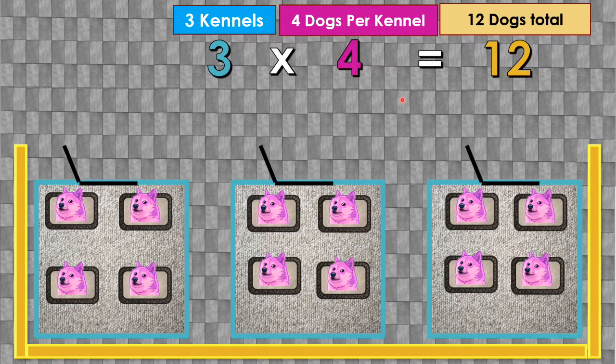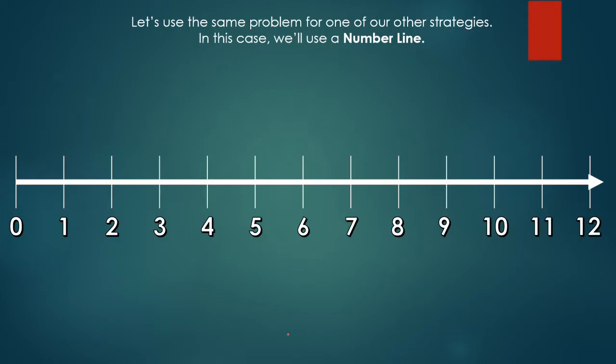Let's look at another strategy here. We'll use the same problem, 3 times 4 equals, but in this case, we will use a number line. As you can see, I've written a number line here, and you'll do the same. So go ahead and take out a piece of paper, and draw as best as you can a straight line to the right.